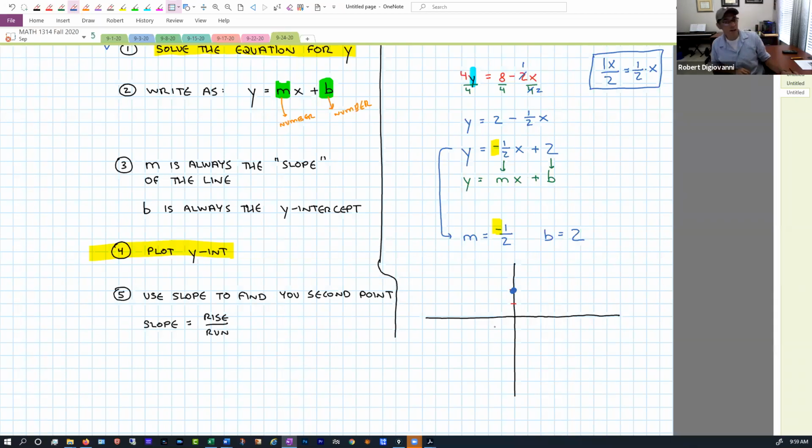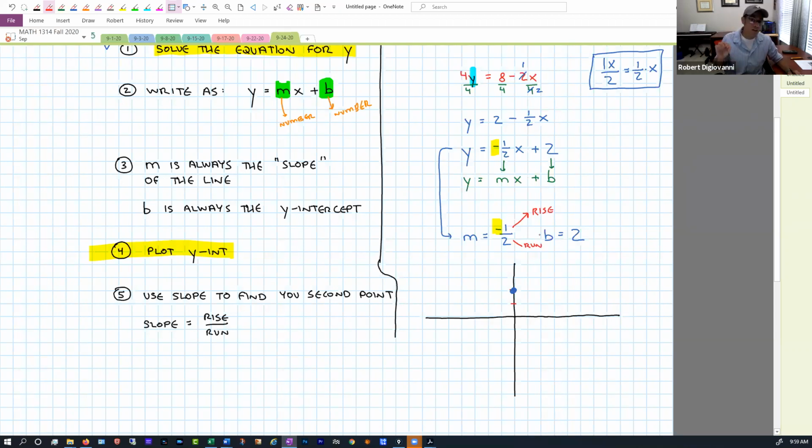The slope is -1/2. The number on top is always what we call the rise, and that tells you how far to move up or down. And the number on the bottom is called the run, which tells you how far to move left or right.